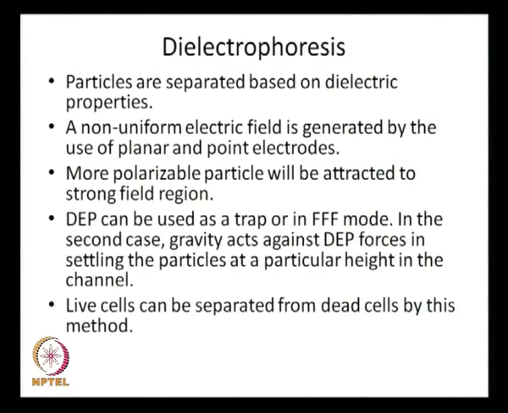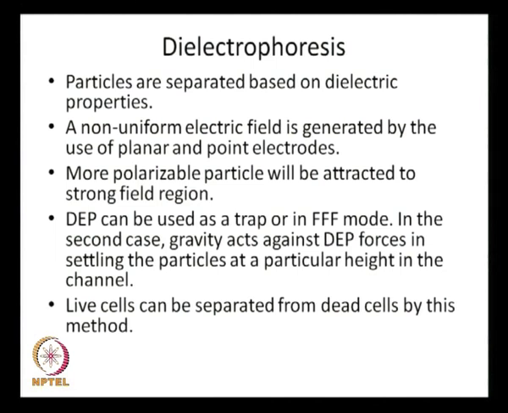Earlier we mentioned electrophoresis, and I said that this electrophoresis can be turned 90 degree and can be used in conjunction with field flow fractionation. Here we have another technique which is known as dielectrophoresis, where the more polarizable particles will be attracted to strong field region.